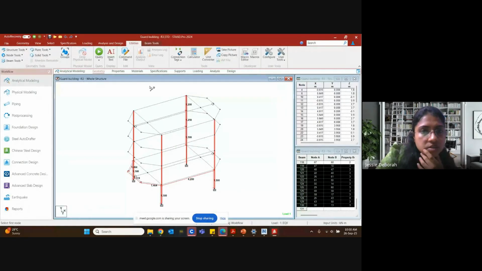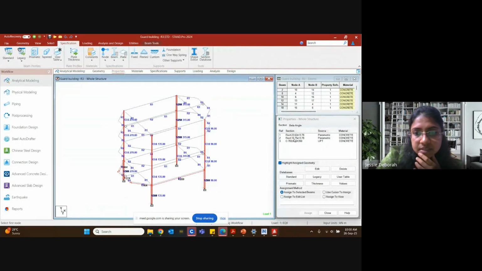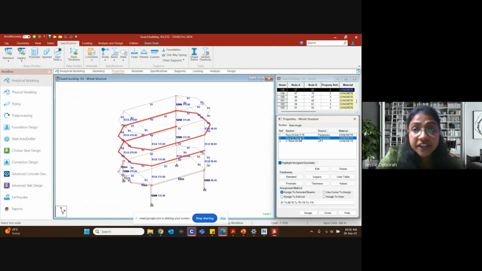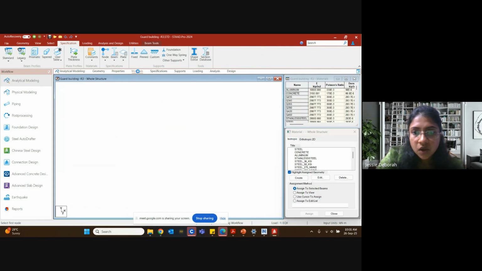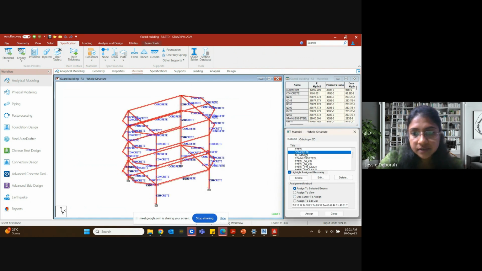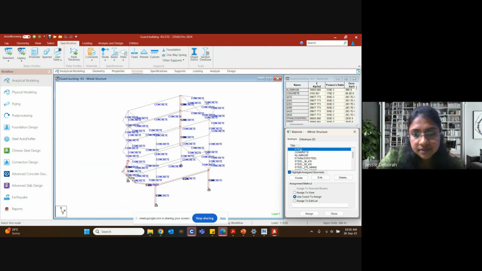Now we will assign properties for each of these, and if it fails we will increase. Okay? Now we will give material properties. Concrete, there is no steel, only concrete we are going to give.